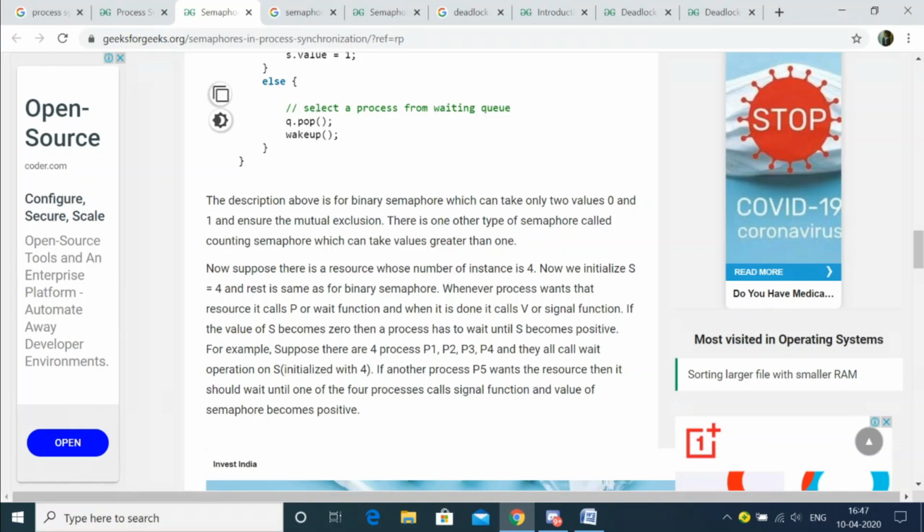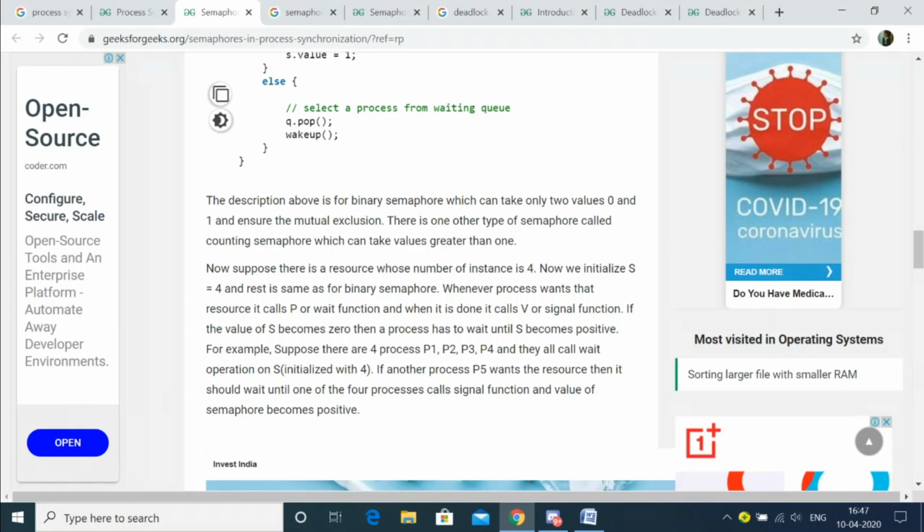Then there is also a chance of resource overutilization, because every time the OS has to keep track of a lot of calls and notifications, like wait and signal.